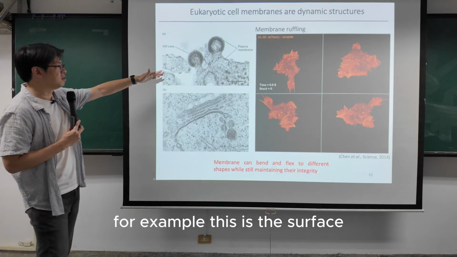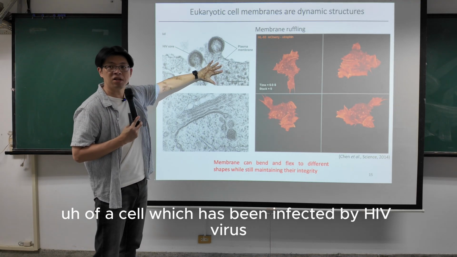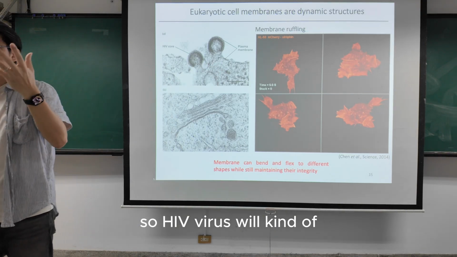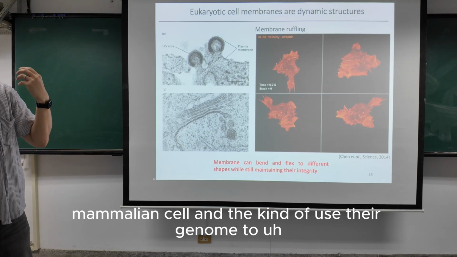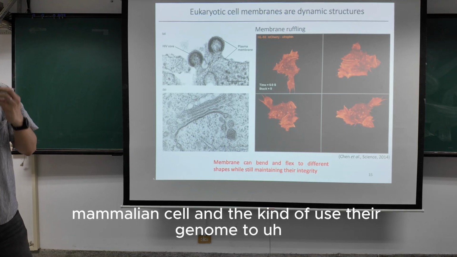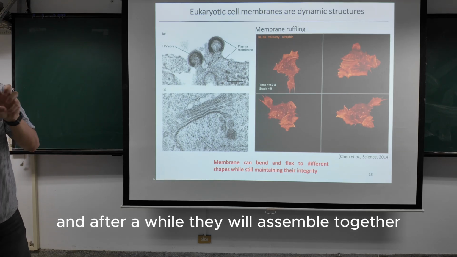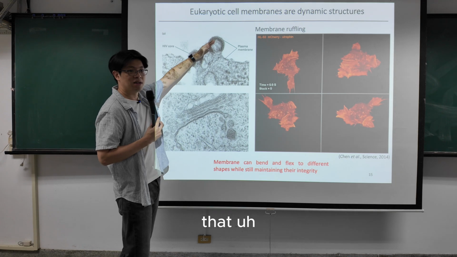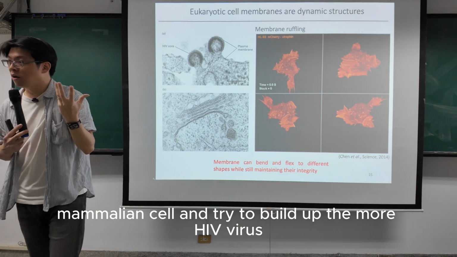For example, this is the surface of a cell which has been infected by HIV. The HIV virus infects the mammalian cell and uses its genome to generate viral components. After a while they assemble together and accumulate at the surface of that mammalian cell to build more HIV virus.